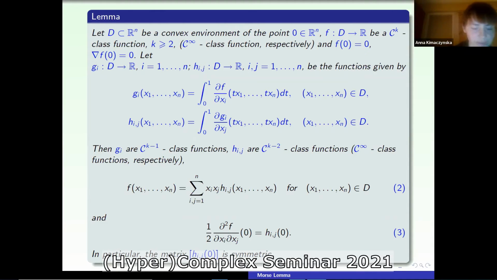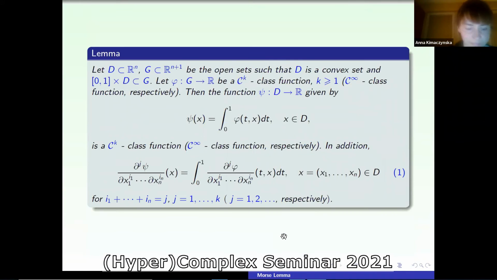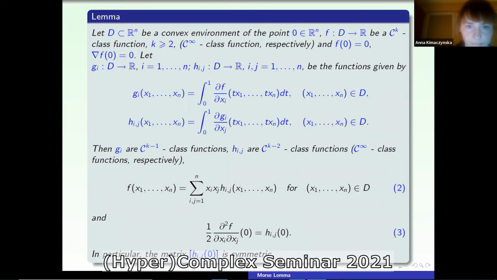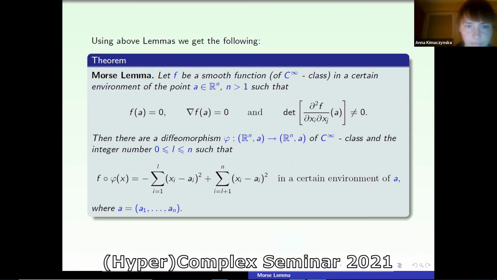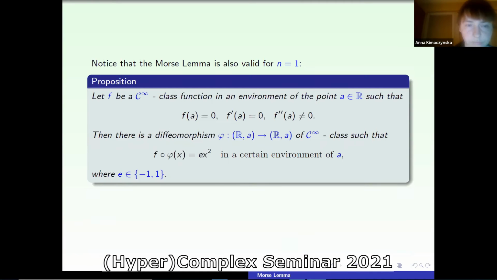Here in this proof, the previous lemma about the differentiation of a function given by an integral is also important. Notice also that the Morse lemma is valid for n equals 1.